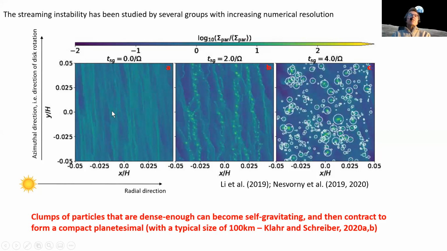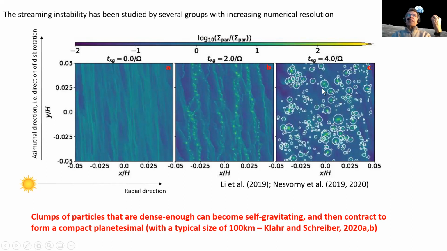At the beginning, as you can see, the disk has just very mild inhomogeneities, but as time goes on, after 2 orbits, 4 orbits, these inhomogeneities grow, and you start to see clumps where dust is denser and denser. And eventually these clumps become so dense that they become self-gravitating.